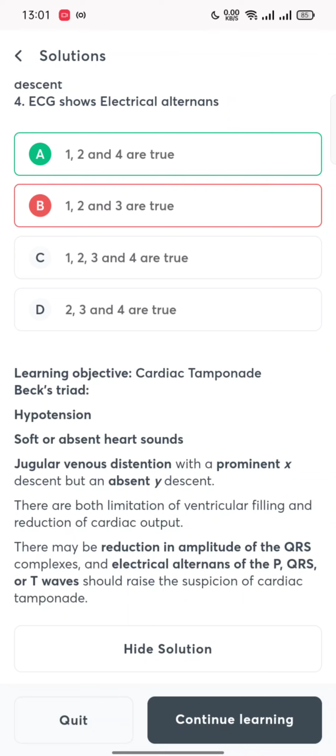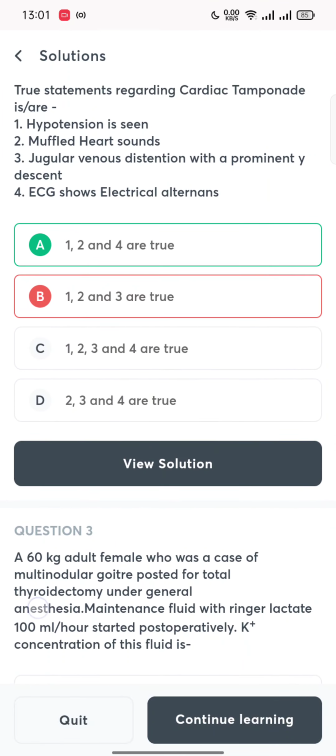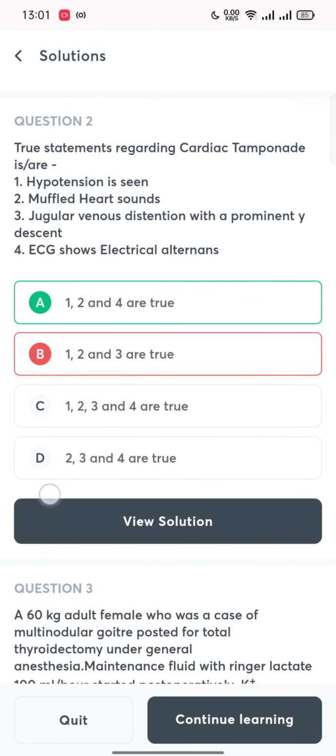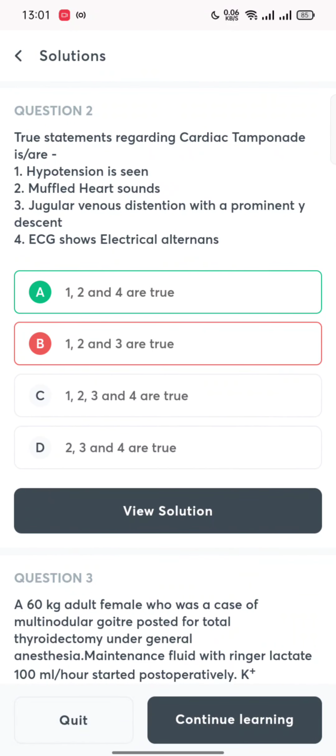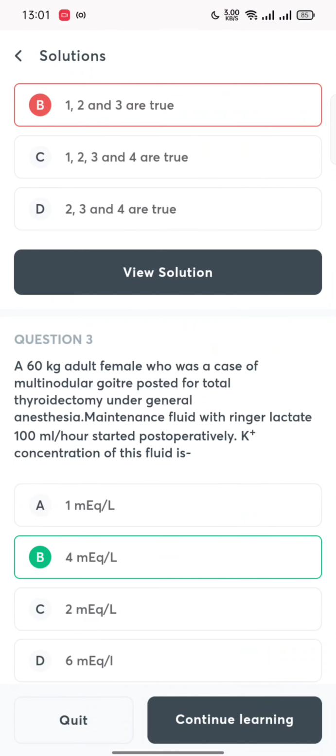That means in option 4, the ECG shows electrical alternans. In the next questions in upcoming days I will be making this correct. So not prominent Y descent but prominent X descent. Y descent will be absent.